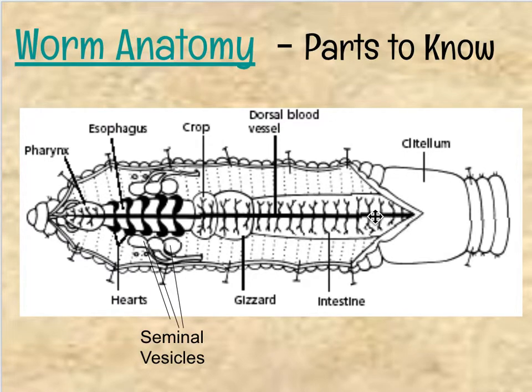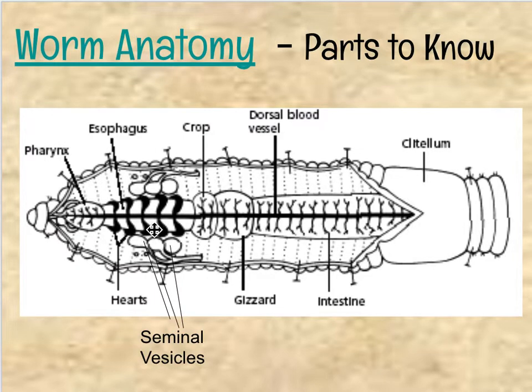Following on top of the intestine, going all the way up toward the front, is this dorsal blood vessel. Dorsal means top side, like a dorsal fin on a dolphin is on their back, their top side. So this dorsal blood vessel goes all the way along the worm's body until it reaches their version of hearts. And these hearts, there's 5 of them.